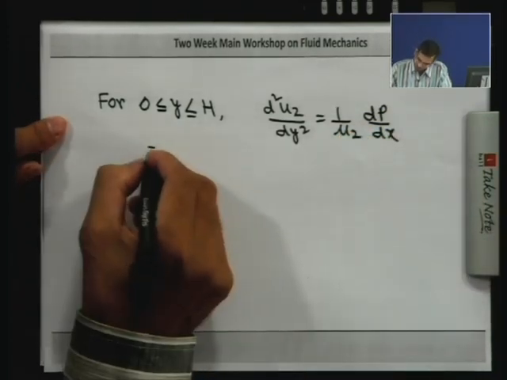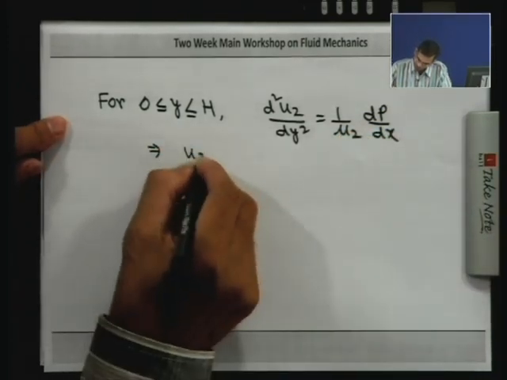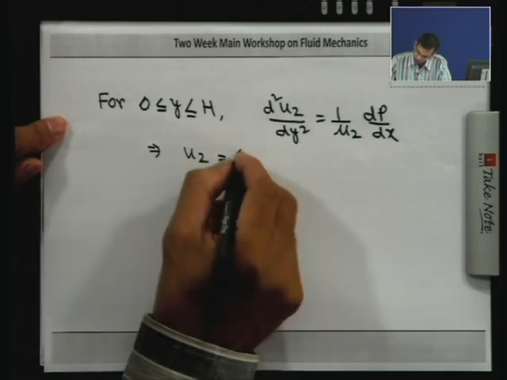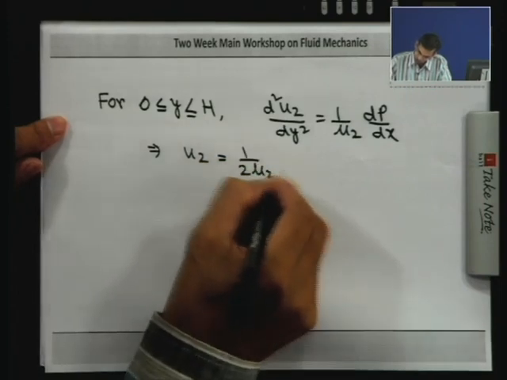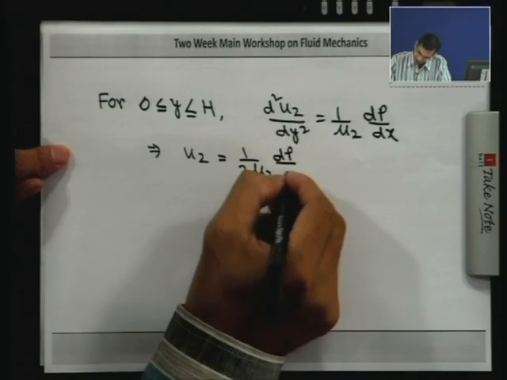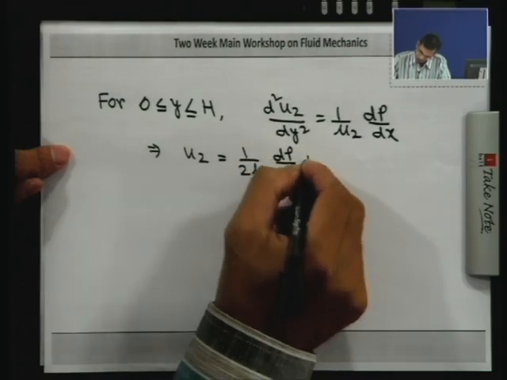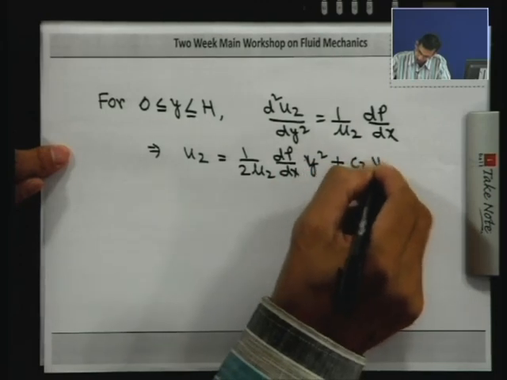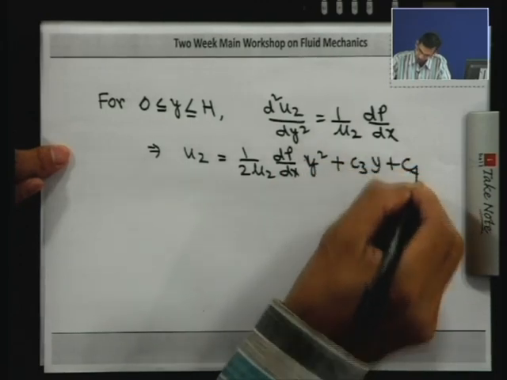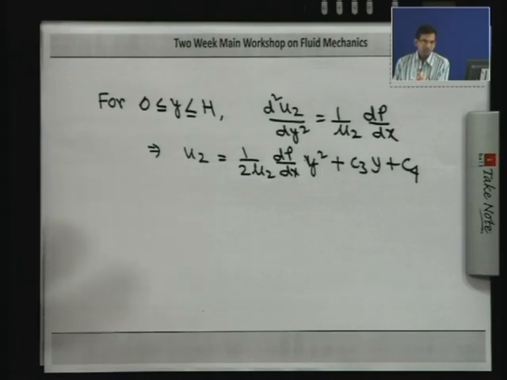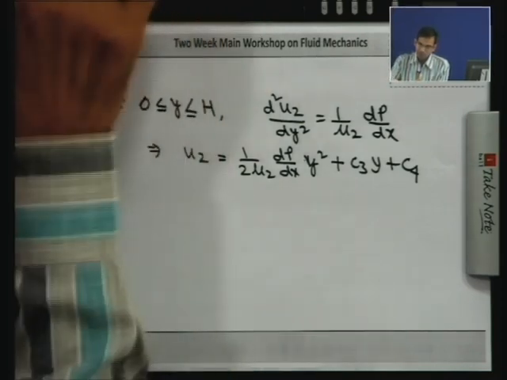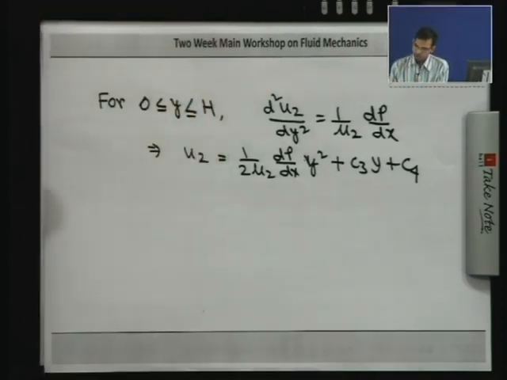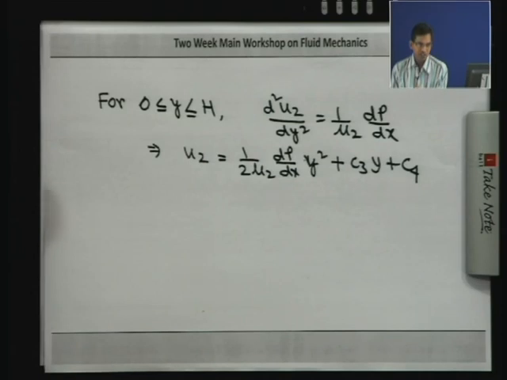Again if we integrate this, we get u2 = 1/(2 mu2) dP/dx y squared plus c3 y plus c4. So, there are 4 integration constants c1, c2, c3 and c4. Your objective is to find these 4 constants from the boundary conditions.